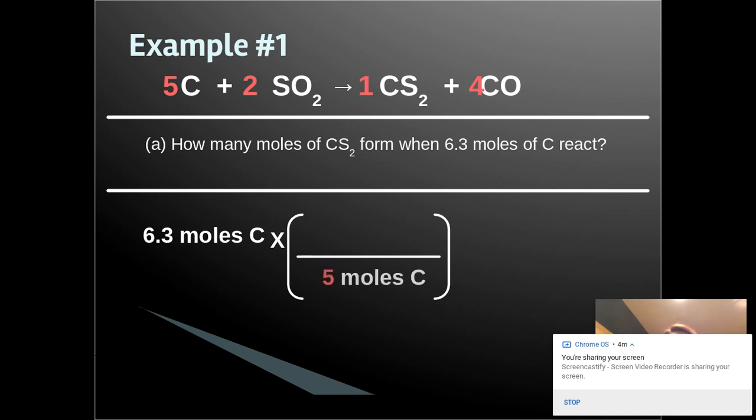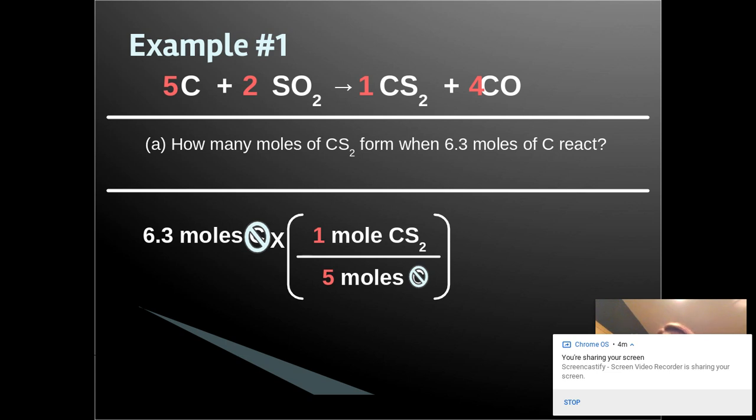You're trying to get rid of carbon. And how did we know it was 5 moles of carbon? Because we referred back to the balanced equation. So we see that it's 5 C for every 1 CS2. So then we put the mole ratio of 5 to 1, and you put the 1 on top.